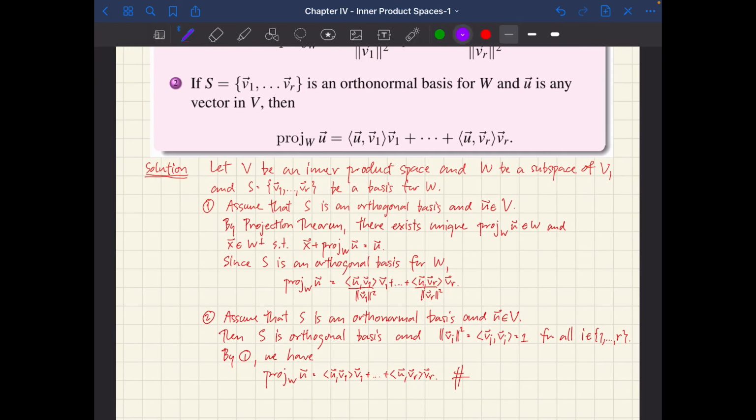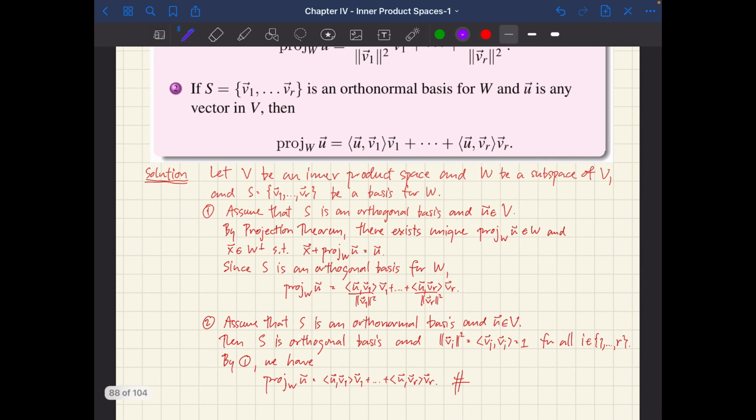Okay, we move to this page. From this one, we know that the vector x is an element in W perp, right? And we know that x plus the projection of u on W is equal to u. Then we can find that x is u minus the projection of u on W, right?